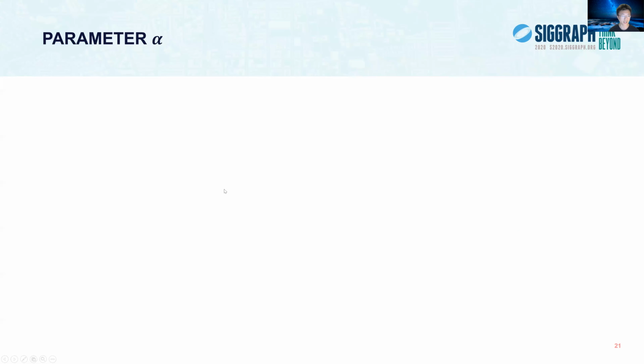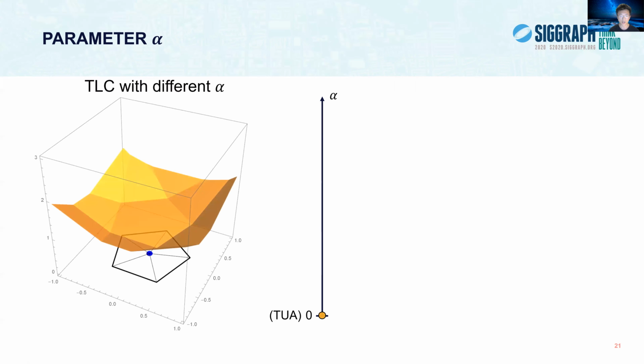To conclude this section, we talk about the parameter alpha. Remember, alpha is used to control the size of auxiliary triangles. So when alpha equals 0, there is no contribution from the auxiliary triangle, so the lifted triangle area will be equal to the original triangle area.